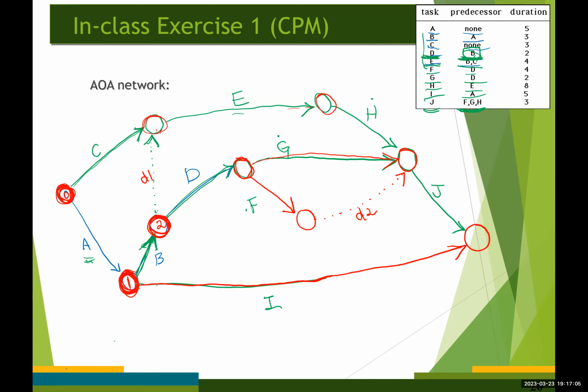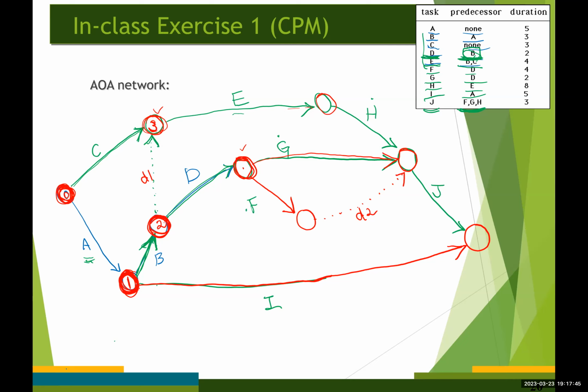If there is a tie like this, you just arbitrarily choose one of them to be labeled number 3. So this can be number 3 or this can be number 3, either one. I'm going to choose this one arbitrarily and label it number 3 here.